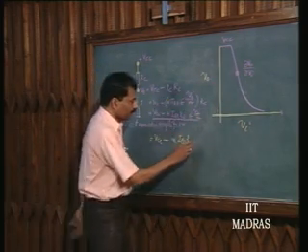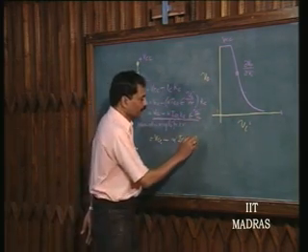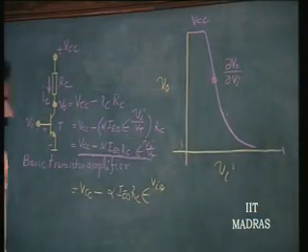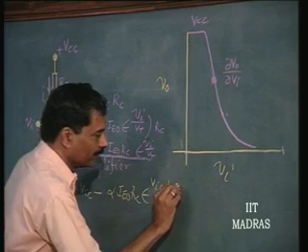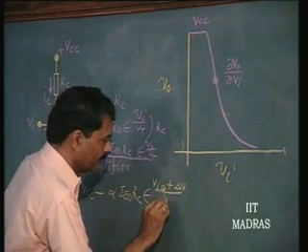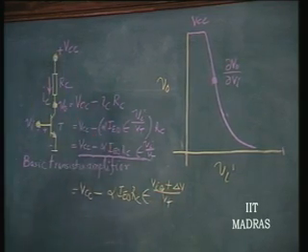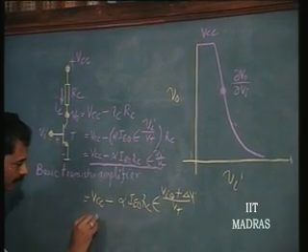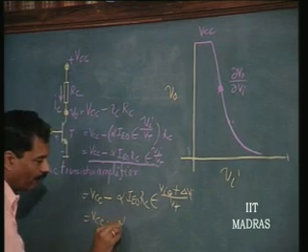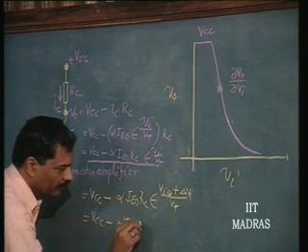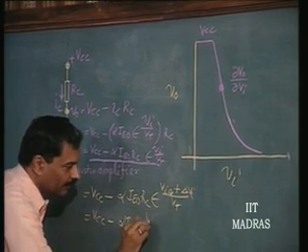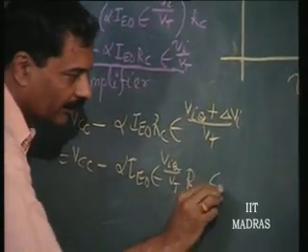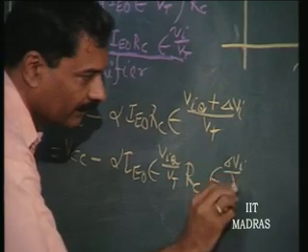So, if I do in terms of voltage, let us say it will be VIQ, some quiescent voltage, plus the signal voltage, delta Vi, divided by Vt. So, what happens here? This is VCC minus alpha IE naught exponent VIQ by Vt into RC exponent delta Vi by Vt.